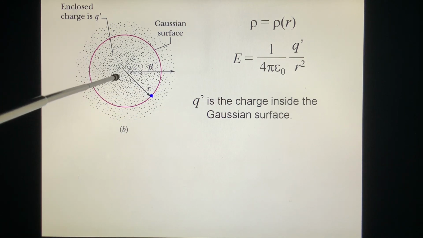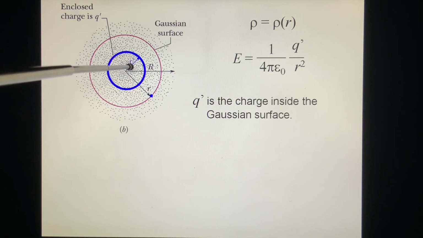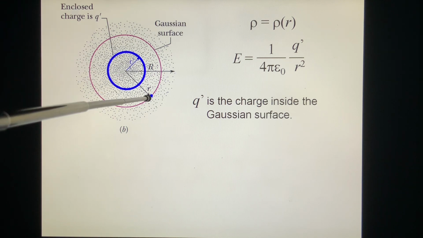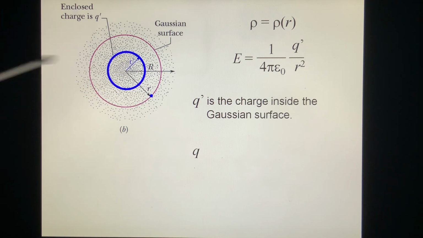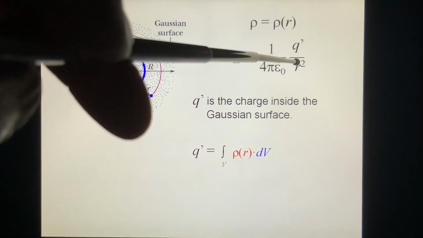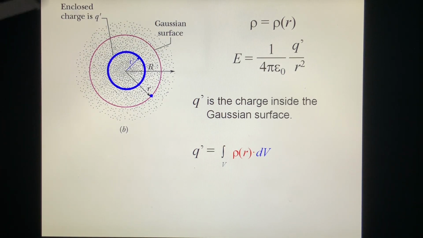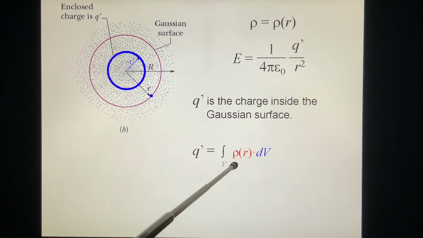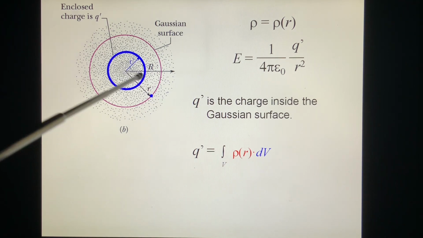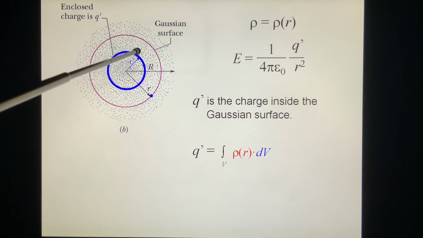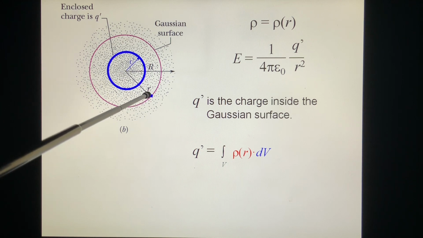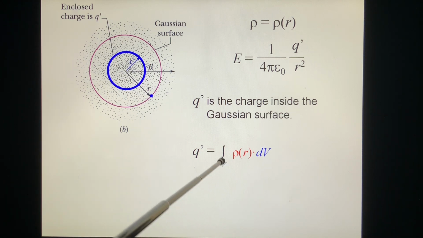We can suppose we have a small shell. The radius of the shell is r prime, the thickness is dr prime. The electric field produced is Q over r squared. And the total charge inside this sphere, we can get from rho dV, integrating r prime from 0 to r.